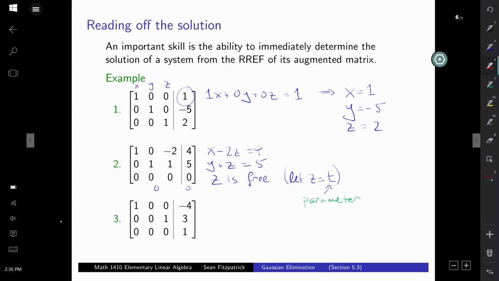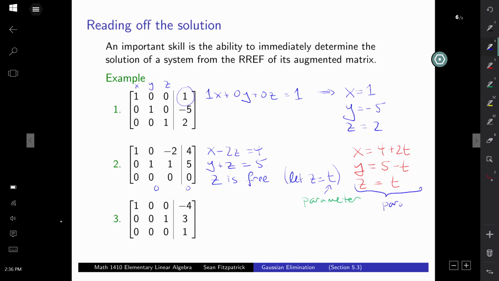We get x equals 4 plus 2z, but z is t, so x is 4 plus 2t. y is equal to 5 minus z, so 5 minus t. z equals t.